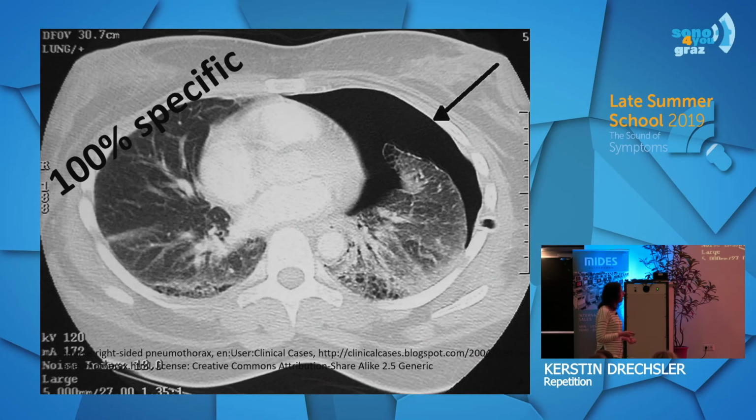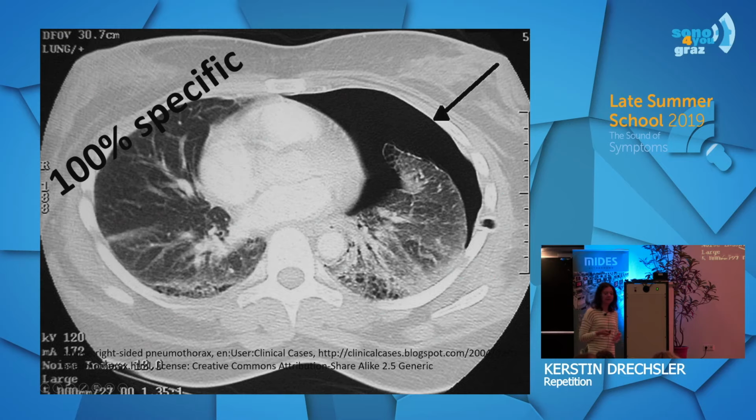In case of a pneumothorax, the visceral and the parietal pleura start to separate, so there will be air between those two layers and there will be no lung sliding anymore. And the lung point is exactly that point where the sliding pleural lines meet the non-sliding pleural lines. And that is 100% specific for a pneumothorax.